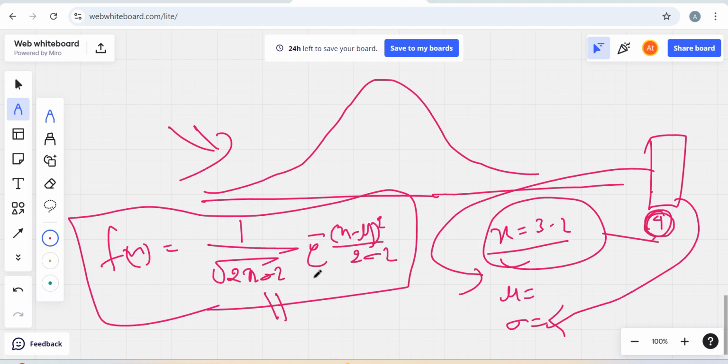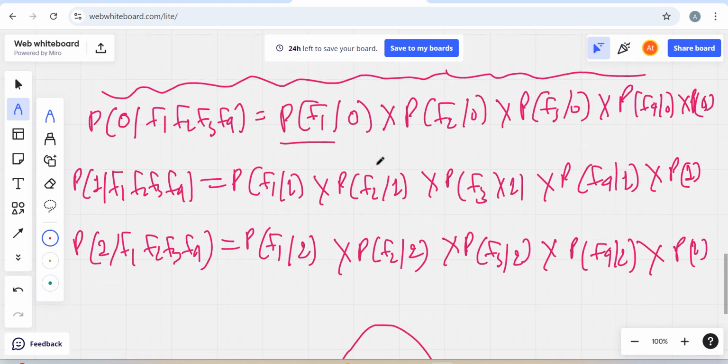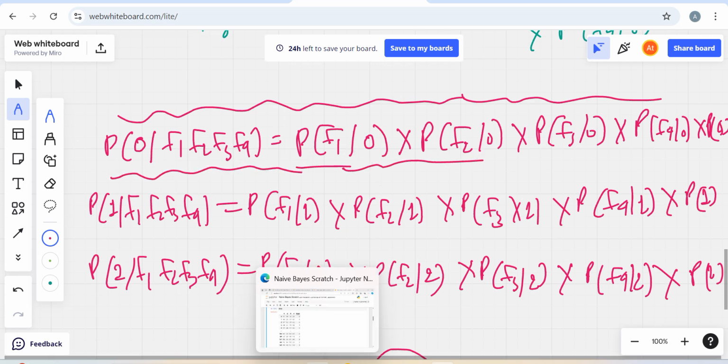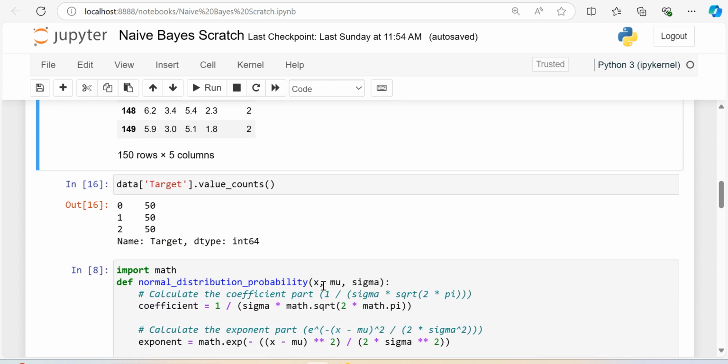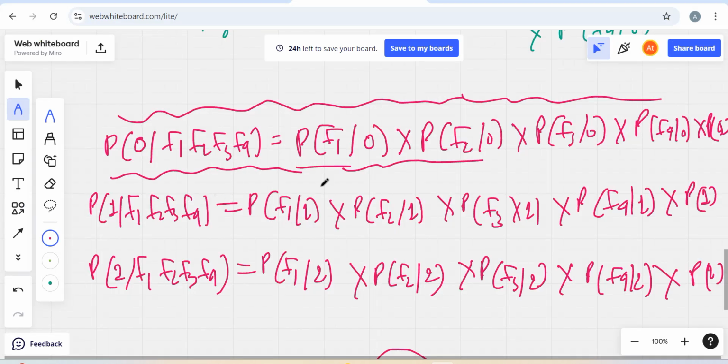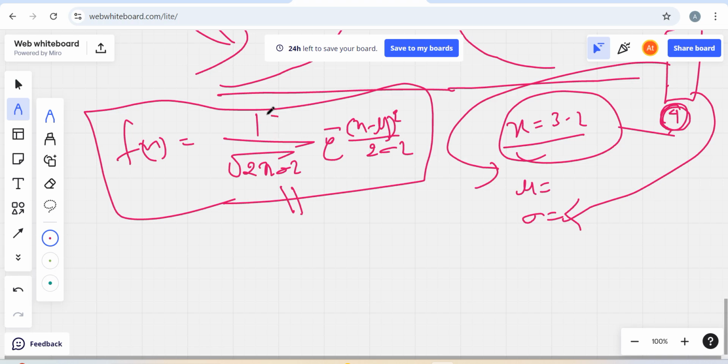So let's try to do this, right? First let's try to write a code for this particular thing. I already wrote one piece of code that is basically the normal distribution probability. You can see first I calculated the coefficient, which is nothing but 1 upon under root 2 pi sigma square.